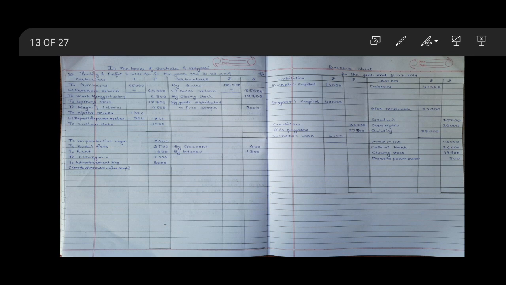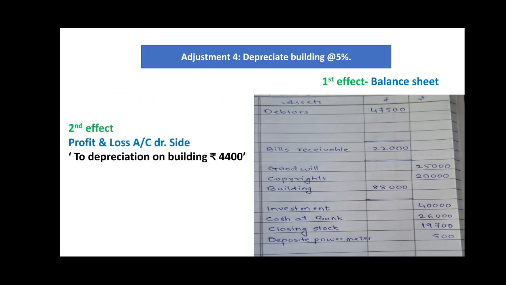Here you can see trading account debit side we already had 1350 in the inner column as motive power less deposit for power meter 500, and after deduction we got 850 in the outer column. It is nothing but an asset, therefore deposit power meter 500 on the asset side.